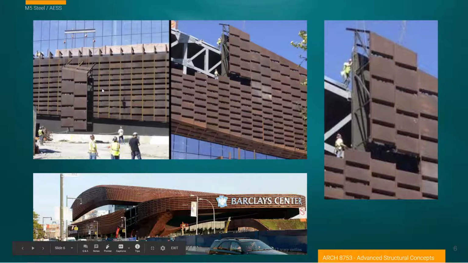This was done by SHoP Architects, and this is, I believe, Corten steel, kind of rusting. This is in Brooklyn. They were called in late in this project to help create a facade for this building because the other ones weren't winning community acceptance.